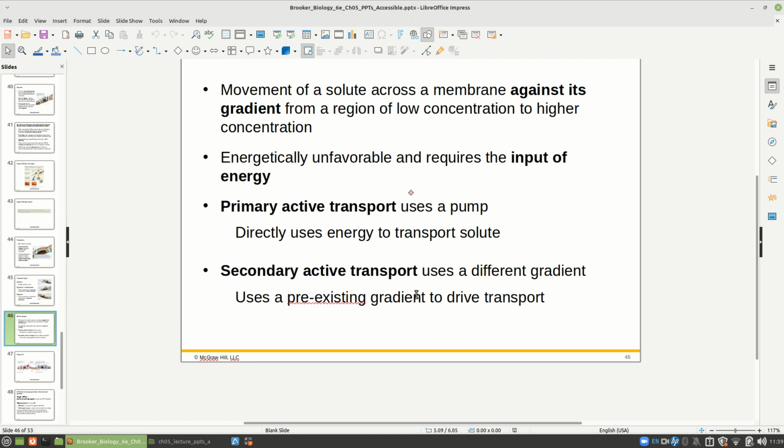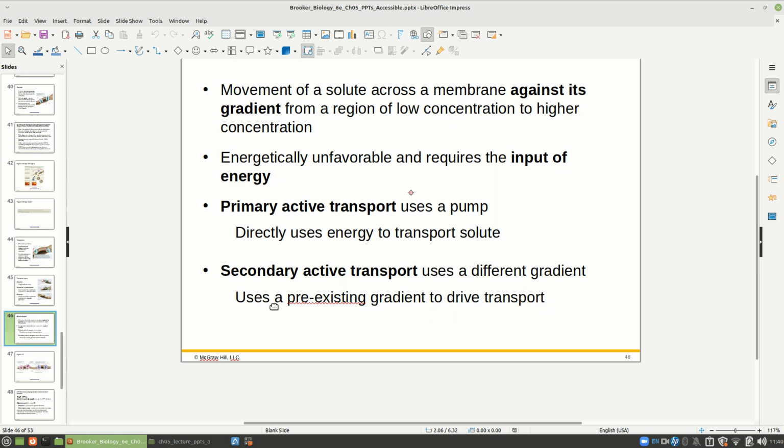Secondary active transport uses a different gradient, using a pre-existing gradient to drive transport. Well, gradients are like there's a whole bunch of one thing on one side and a bunch of something else on the other side. And they would like to mix, but you've intentionally separated them. And so there is a desire for these to move to the other side.